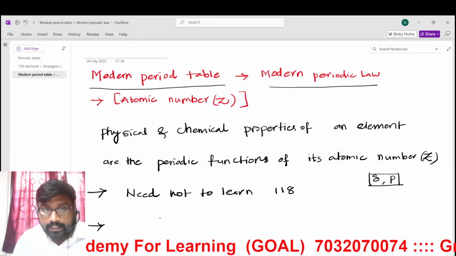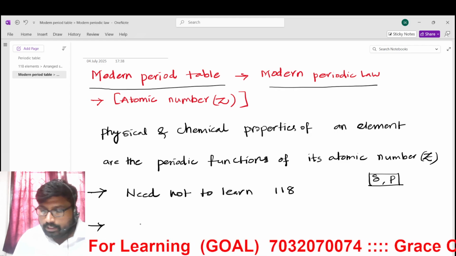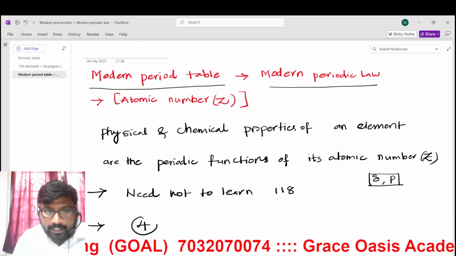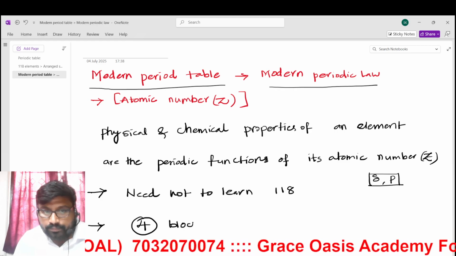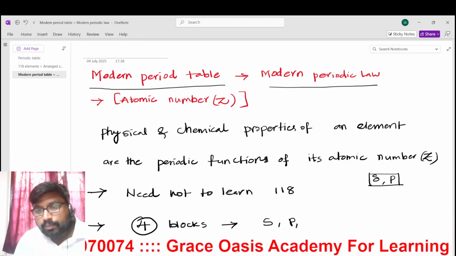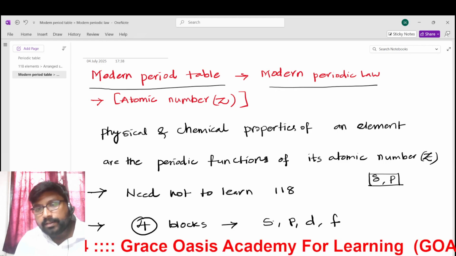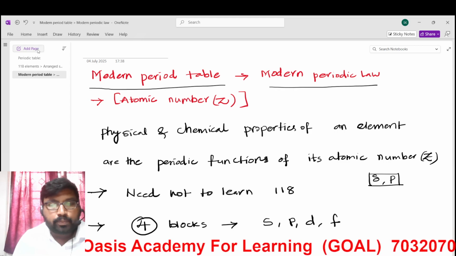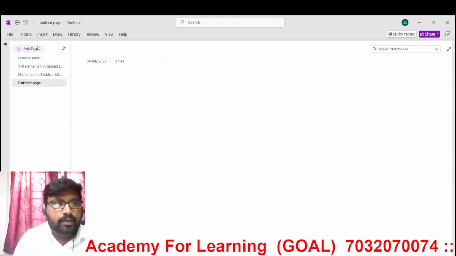The periodic table is generally divided into four blocks: S, P, D, and F.